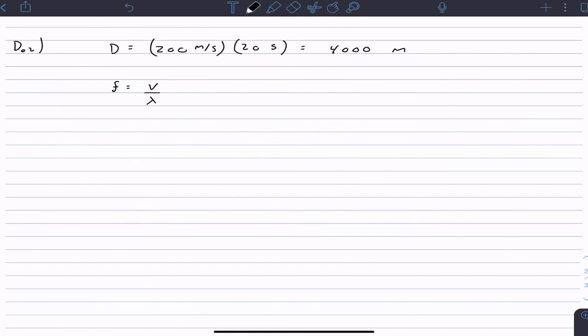And this makes sense because if we look at the units, we have meters per second over meters, and that leaves us with a unit of 1 over seconds, right? And that's frequency.